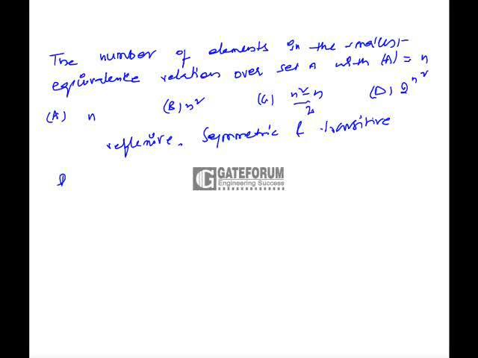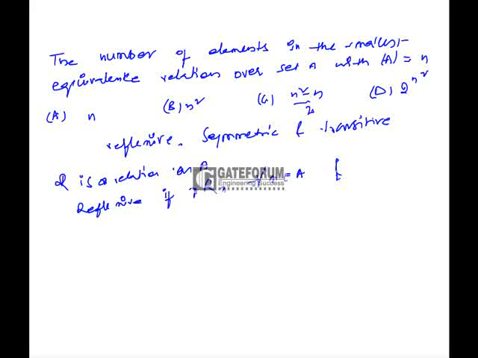If R is a relation on A, then it is reflexive if x relates to x for all x belonging to A. It means if A contains n elements, then at least n elements should be present for it to be reflexive.